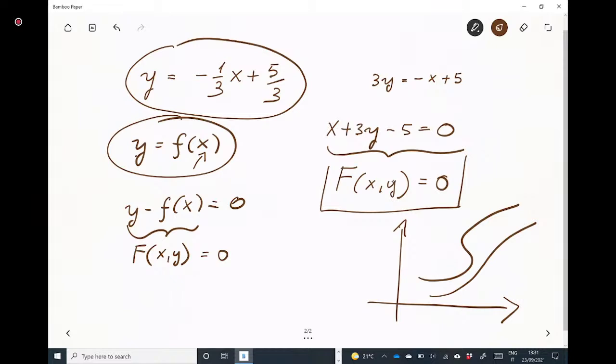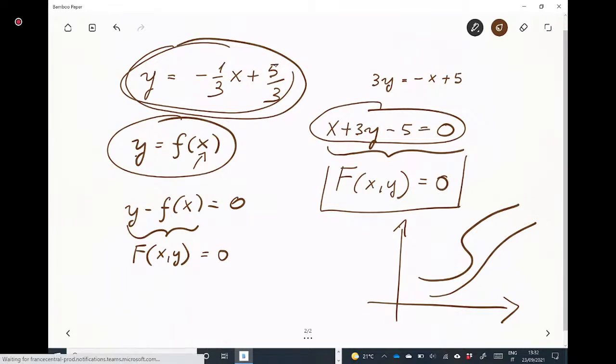Of course, we don't need the theory of implicit functions for the case of the straight line, just because we can write it in explicit form. But in some cases, we cannot write this in explicit form, but this may be a function, or we can write this in explicit form, but it is not that convenient, because the expression can be very complicated.